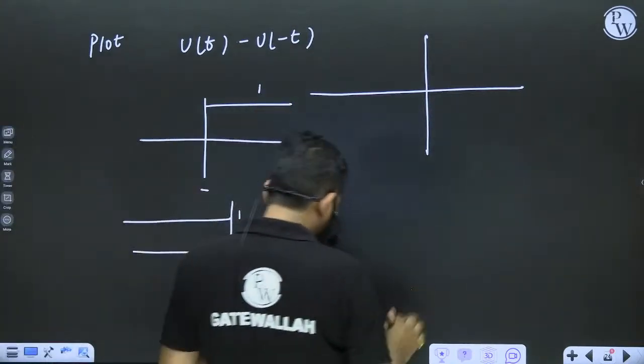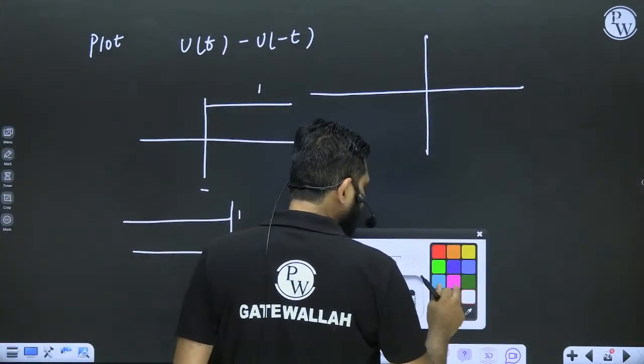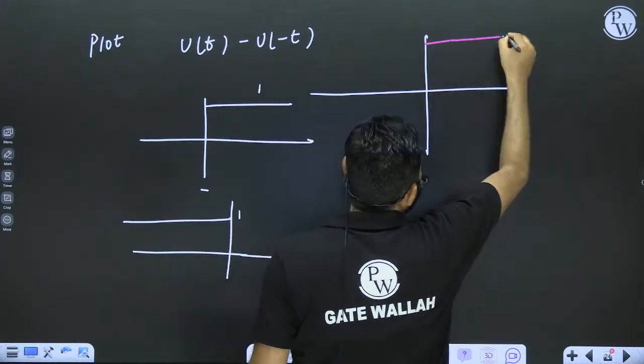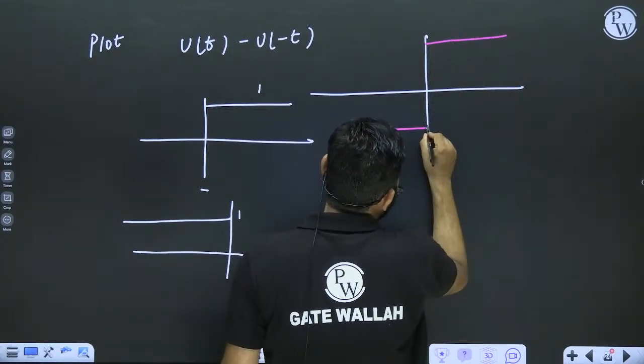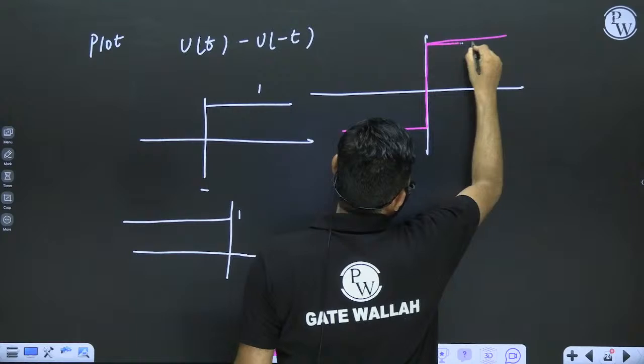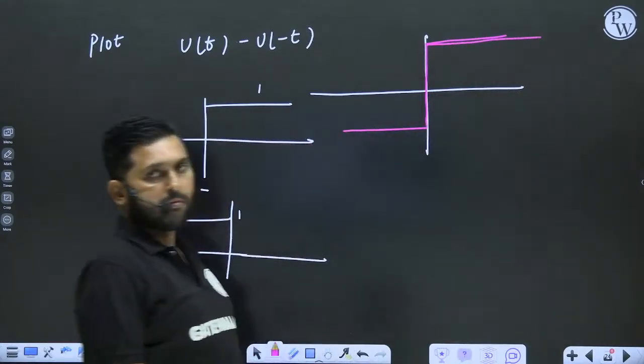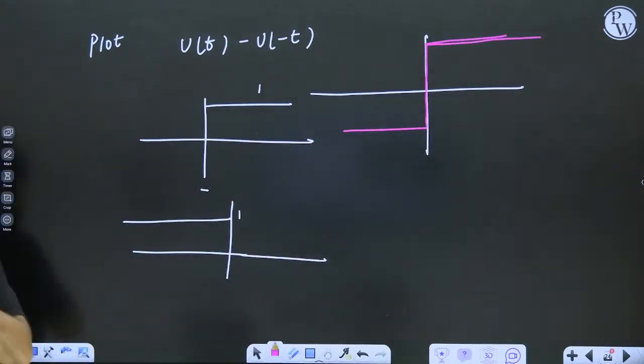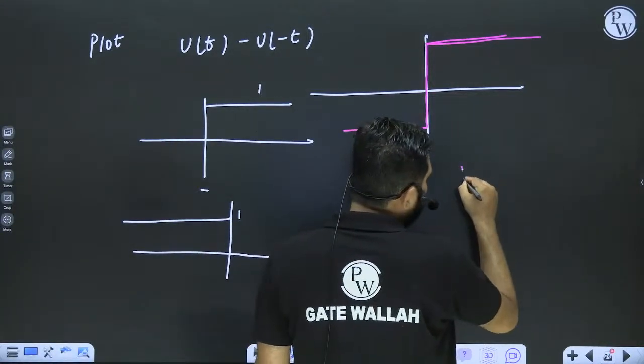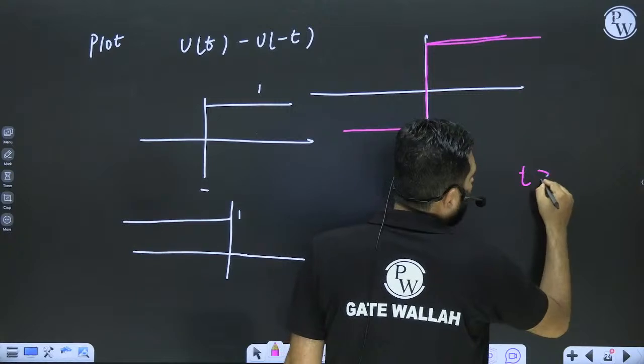Don't you think that I will get this function? So it is 1 when t is greater than 0.